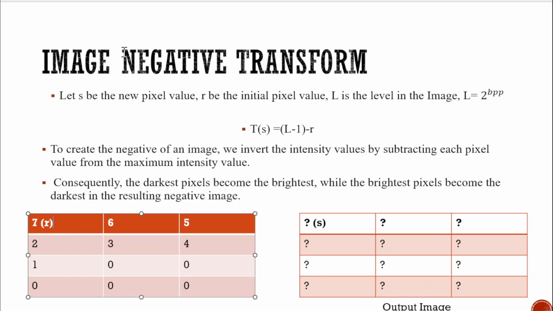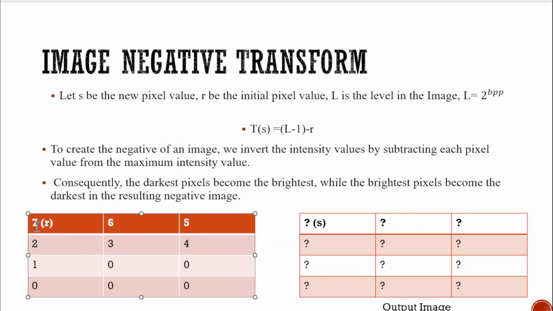Now coming back to the image negative transform. Levels play an important role, hence we discuss the same. L equals 2 raised to power BPP. In this case, it is given that the BPP is 3, and this is the image. It is a 4 cross 3 image, 4 rows and 3 columns.